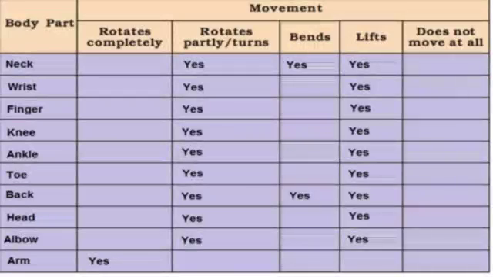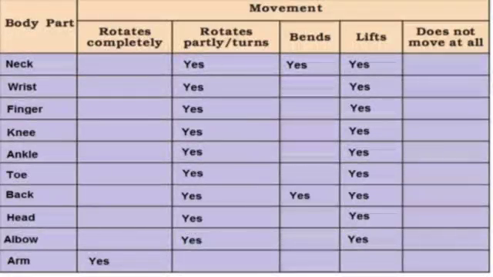You can rotate it partly. You can lift it. When you bend it, again you can unfold it. Ankle also is the same. You cannot rotate it completely, but you can rotate it partly and lift it. Toe also is the same. You rotate it partly and lift it.